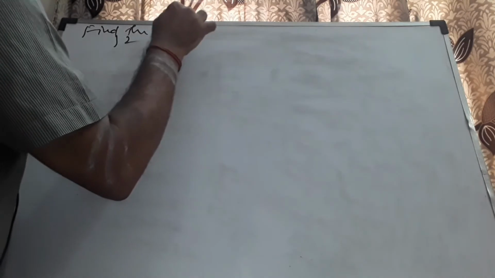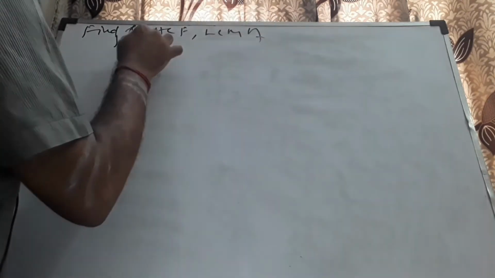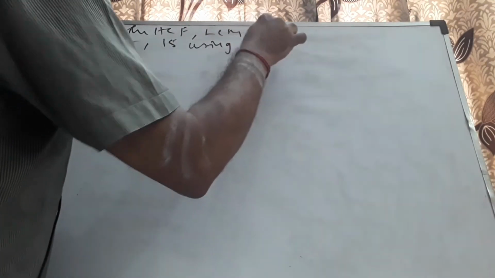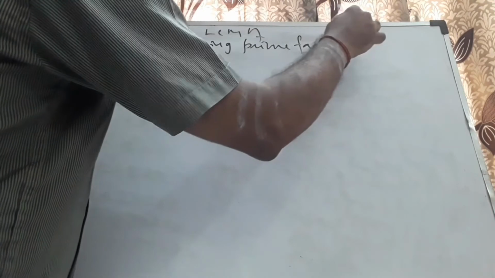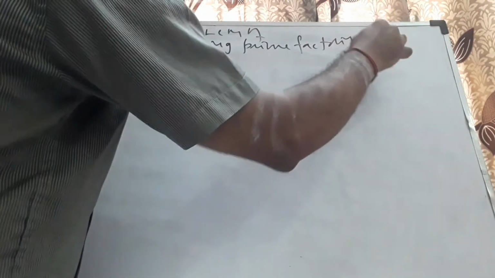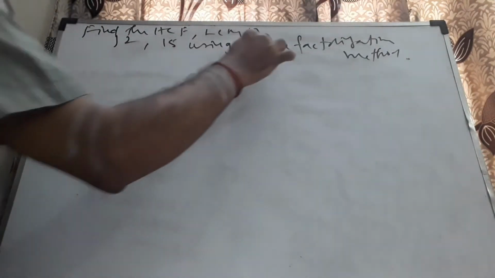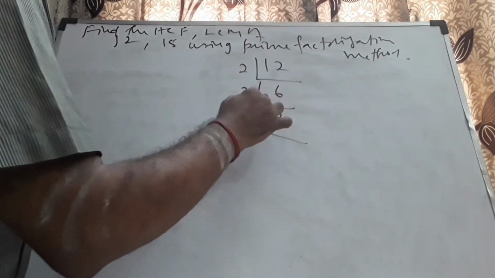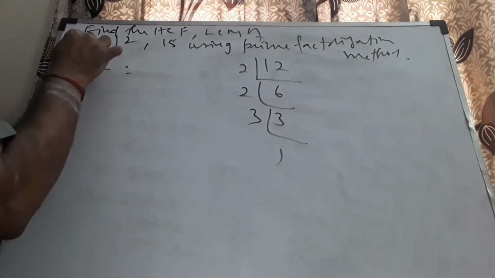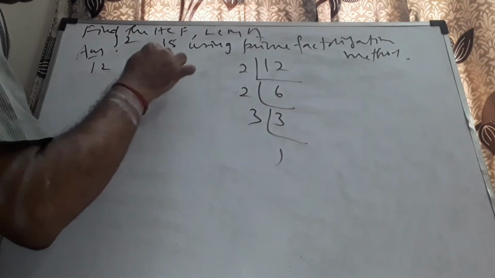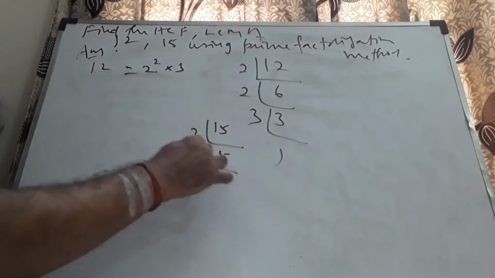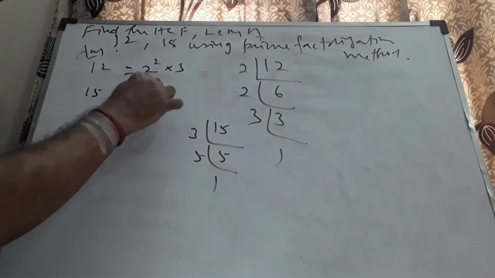Find the HCF and LCM of 12 and 15 using the prime factorization method. Now I'll divide 12 by 2, I'll get 6, then 3. Now 12 can be written as 2 square into 3. Now I'll be dividing 15 by 3. 15 can be written as 3 into 5.